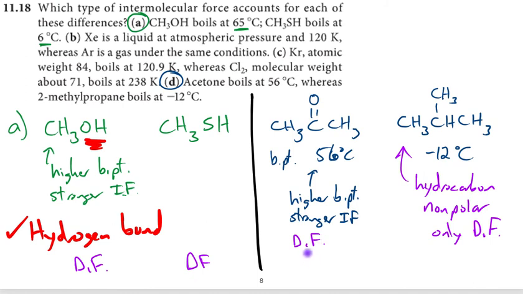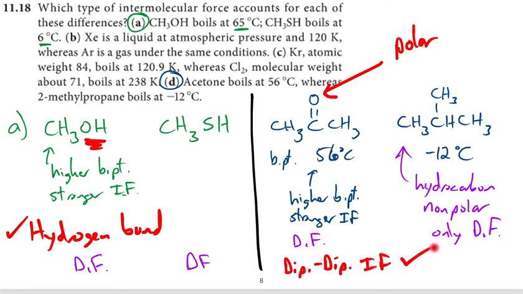Acetone has dispersion force, and then if it has that electronegative atom in it, it's polar. If something is polar, there are two possibilities: dipole-dipole or hydrogen bonding. It doesn't have hydrogen bonding because it doesn't have this OH feature, but since it has an electronegative atom in there, it does have the dipole-dipole intermolecular force. 2 are stronger than 1, so it's the dipole-dipole intermolecular force that accounts for the larger boiling point in this compound.